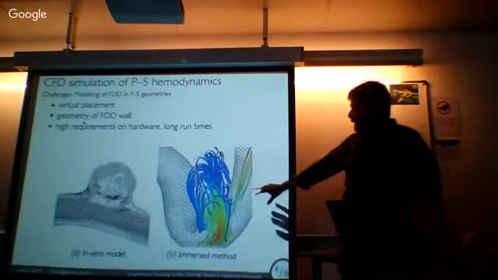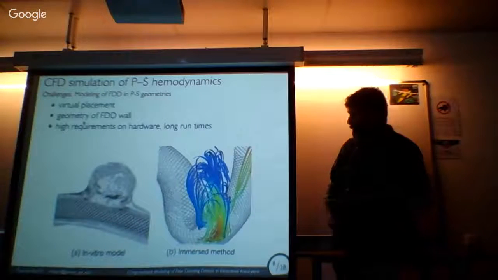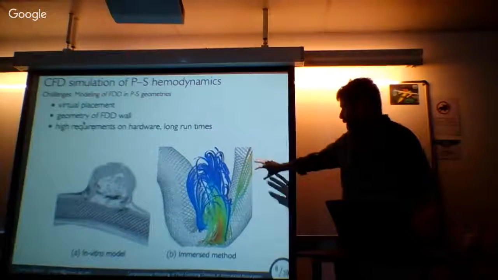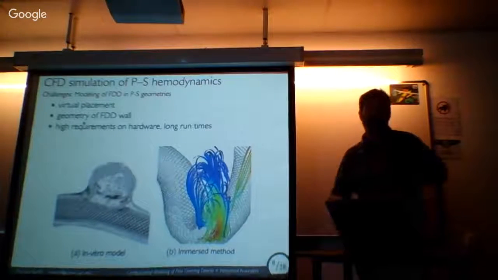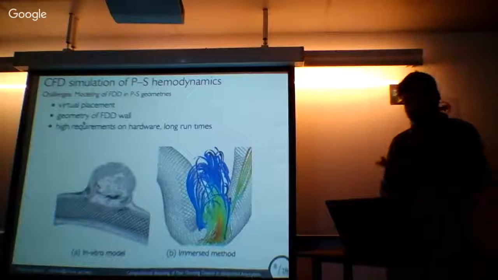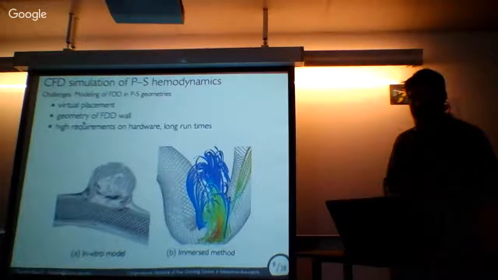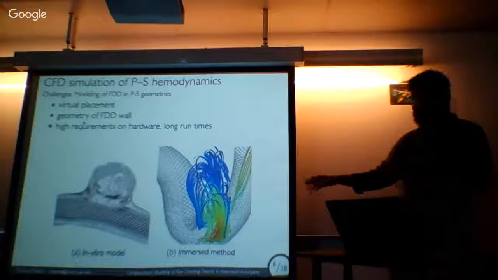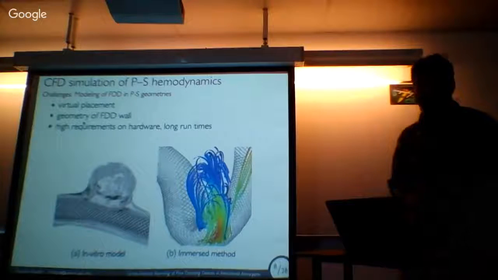This is the actual simulation with the immersed method, and this is a deployed stent. This requires a lot of work, but at this point in the group, we have this part of the methodology mostly figured out.